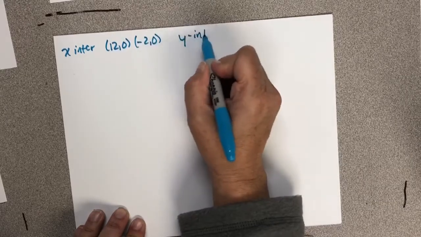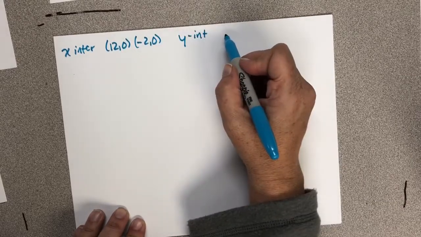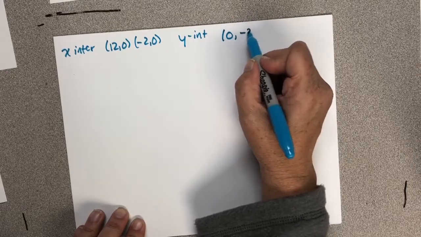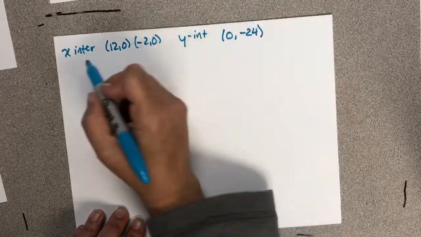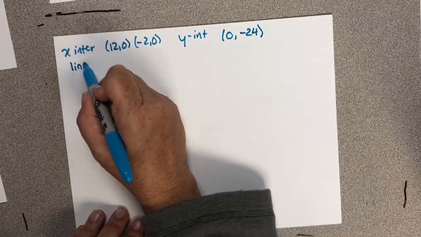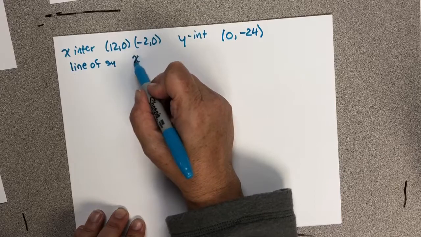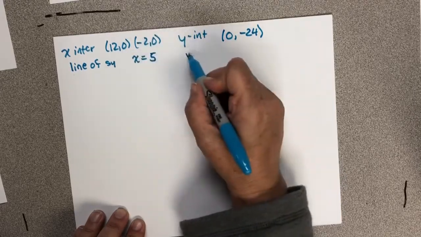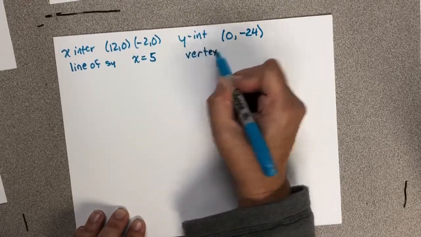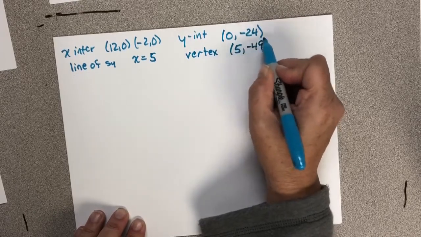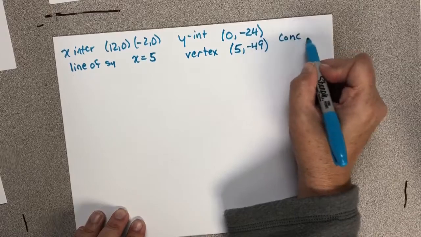My y-intercept was 0, comma, negative 24. And my line of symmetry was x equals 5. And my vertex was 5, comma, negative 49. And I'm concave up.